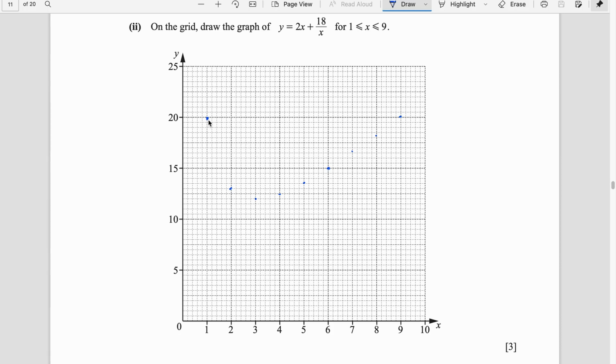Now we draw a smooth curve. Use pencil only.